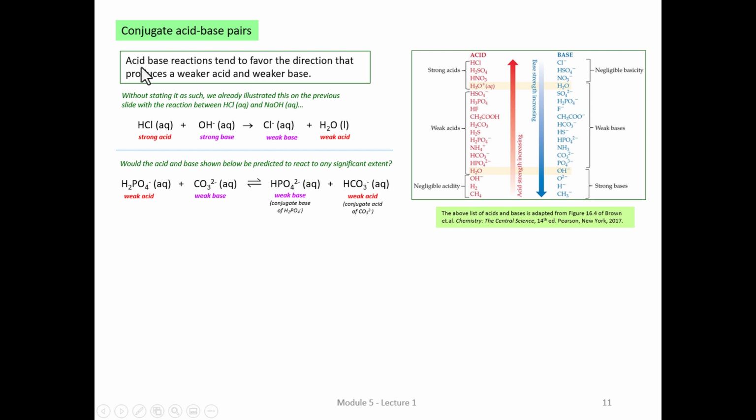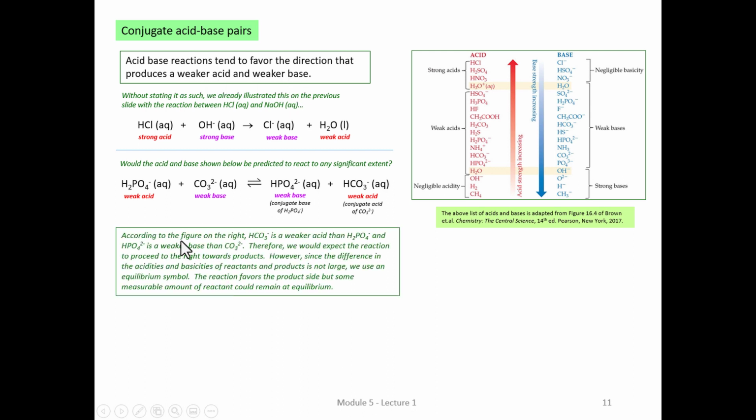Well, remember, acid-base reactions tend to favor the direction that produces a weaker acid and a weaker base. So according to the figure on the right, HCO3-, which we labeled a weak acid here, is a weaker acid than H2PO4- on the left. Here's HCO3-.